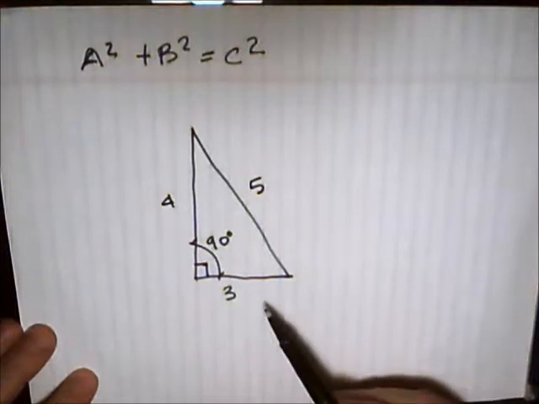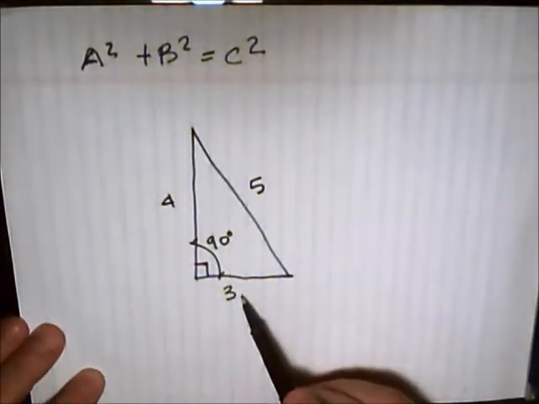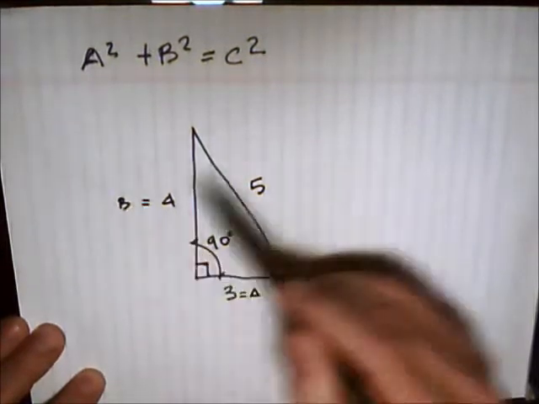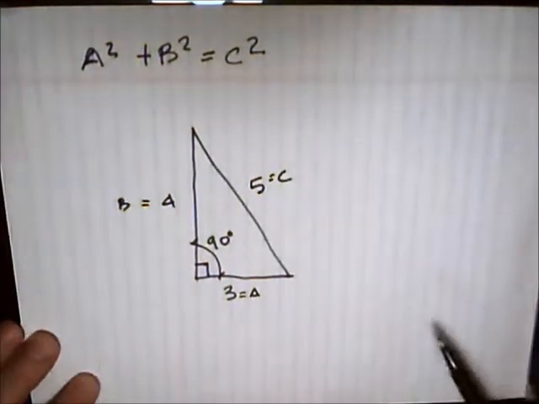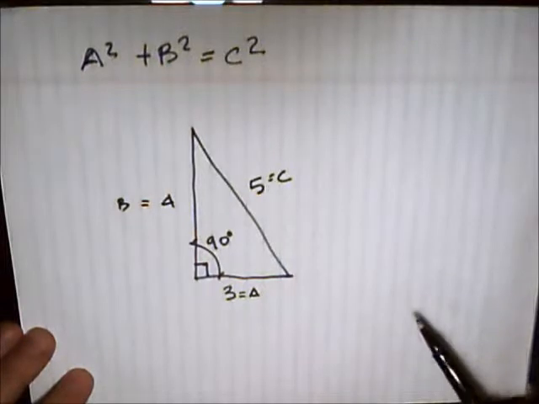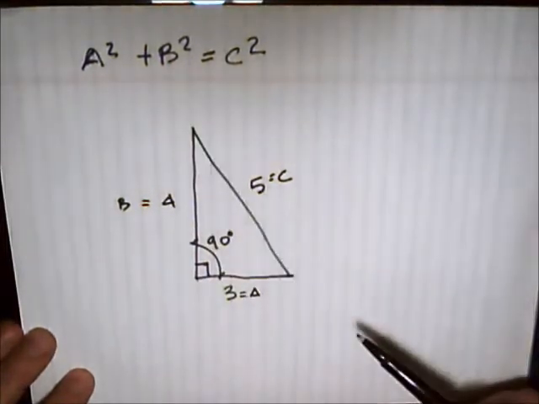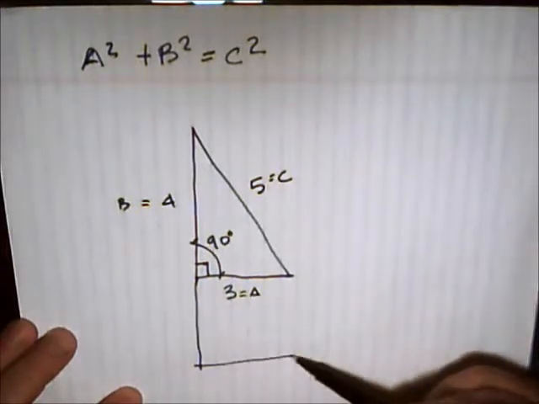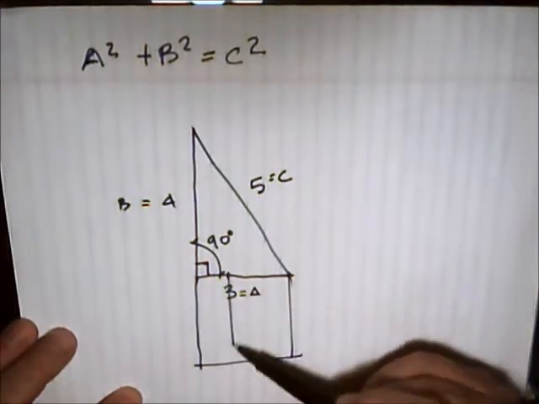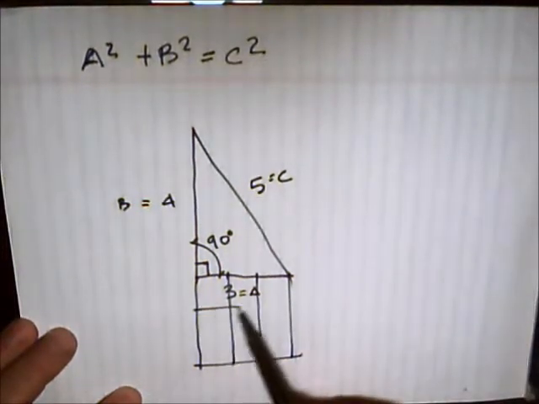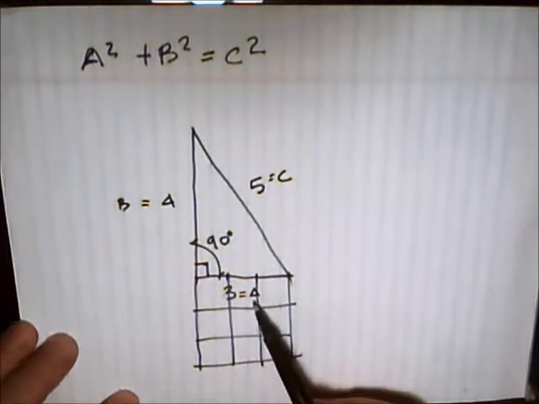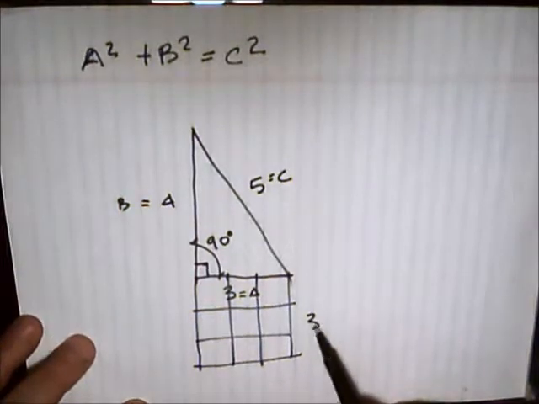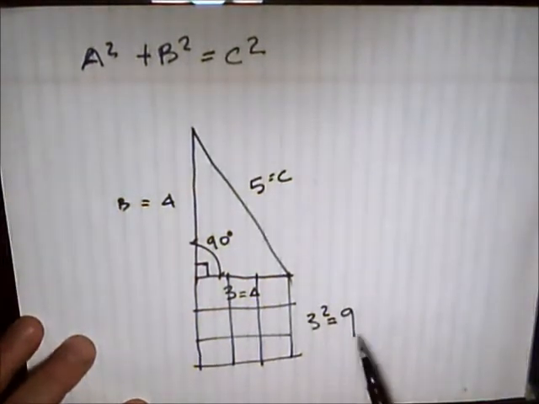What does this mean? Let's say 3 is A, 4 is B, and 5 is C. We're going to take A squared. We're going to take the 3 and square it. If I square 3, I get, guess what? 1, 2, 3, 4, 5, 6, 7, 8, 9. 3 squared equals 9.